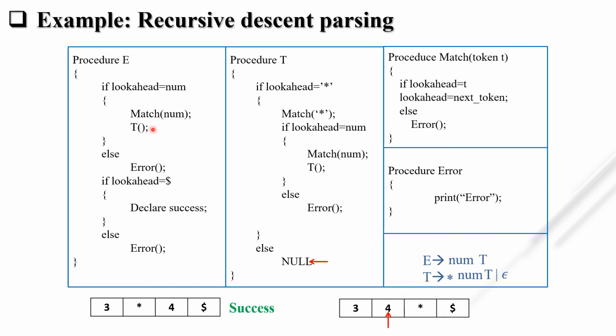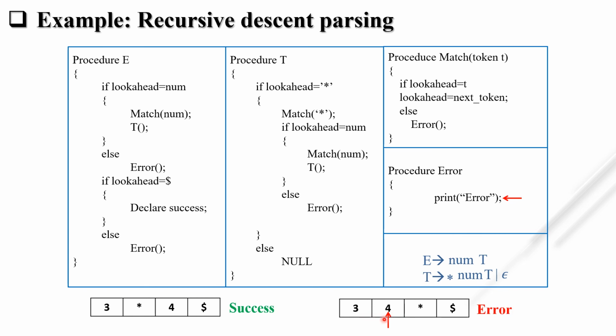We complete this. Next we go here because it is in the procedure E. So it will be checked if lookahead equal to dollar, no. So that's why we have to print error. Only number 3 and here dollar, then it will be accepted. But 3 4 star is not going to be accepted as this expression is totally wrong.